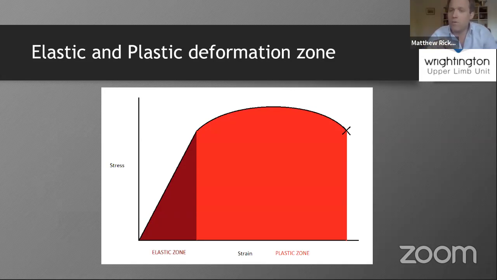As I said before, this is a common stress strain graph for a metal. The example being stainless steel. So we have an area where the metal would deform before failing and fracturing, and so there is a plastic deformation zone. And if you look at a ceramic, it has very little to no plastic deformation zone, and therefore will fail catastrophically earlier on, and does not have the plastic deformation zone as we see here.